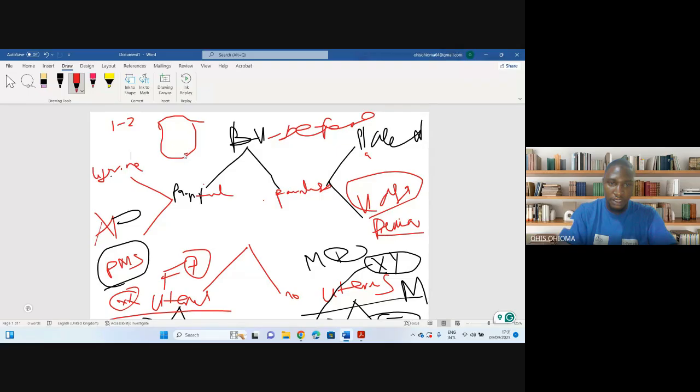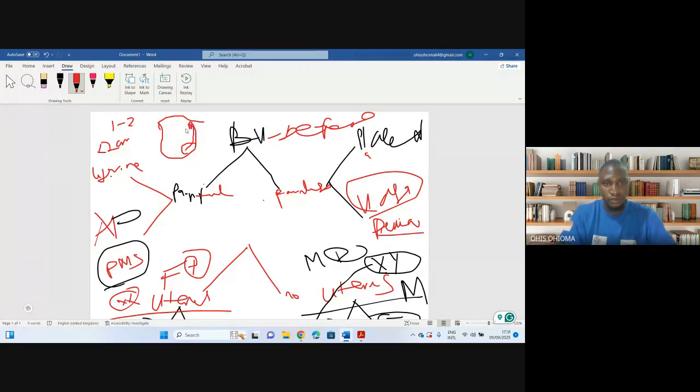And if this placenta is here, which we call a low-lying placenta, a low-lying placenta is a placenta that's less than 2 centimeters from the cervical os. Ideally, as this womb is growing, this placenta is supposed to go up with it as well. That is what's supposed to happen.